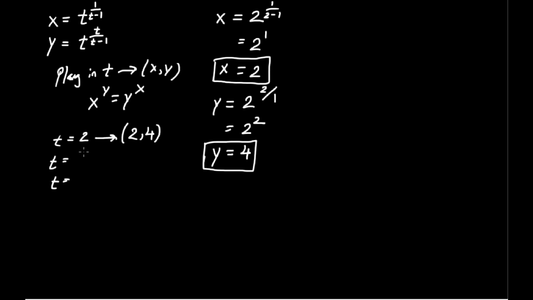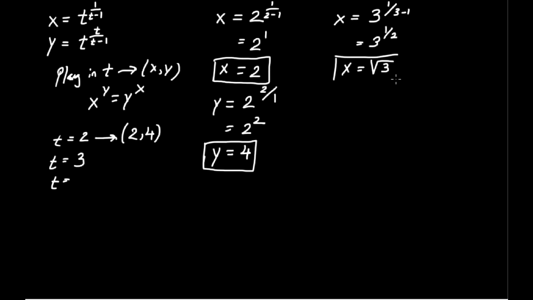Now let me take another value of t. Let me take the case of t is equal to 3. So again, I plug it into the two parametric equations. I get that x is equal to 3 to the 1 over 3 minus 1 power. That's equal to 3 to the 1/2 power, which is the same thing as the square root of 3.